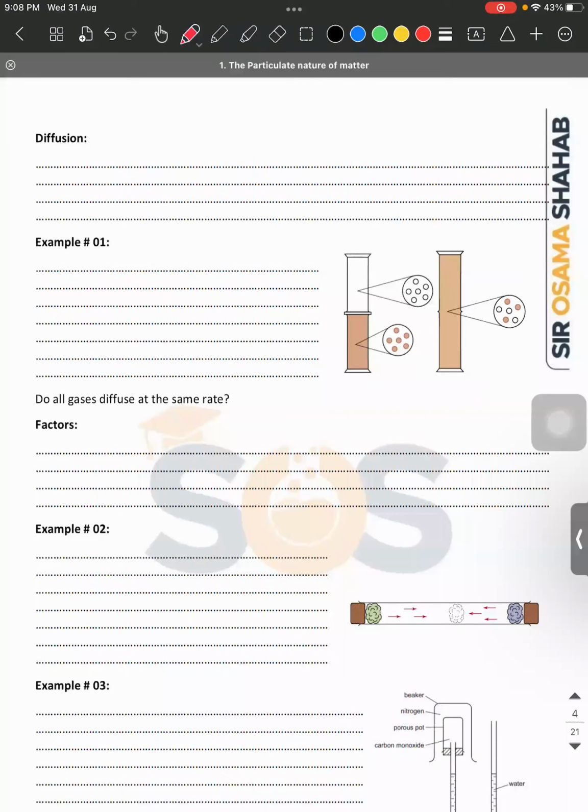Yes, kids. So this is what diffusion means. The gaseous particles start moving from higher concentration to lower concentration. We are talking about gas molecules right now. Just for example, you are using perfume, right?